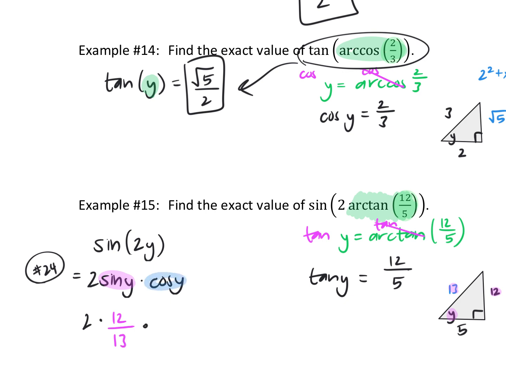And then cosine of y, cosine is adjacent over hypotenuse, so that would be 5/13. And if I multiply across 2 times 12 times 5, that's going to give me 120/169. I do not believe it simplifies any further. So that is your final answer.